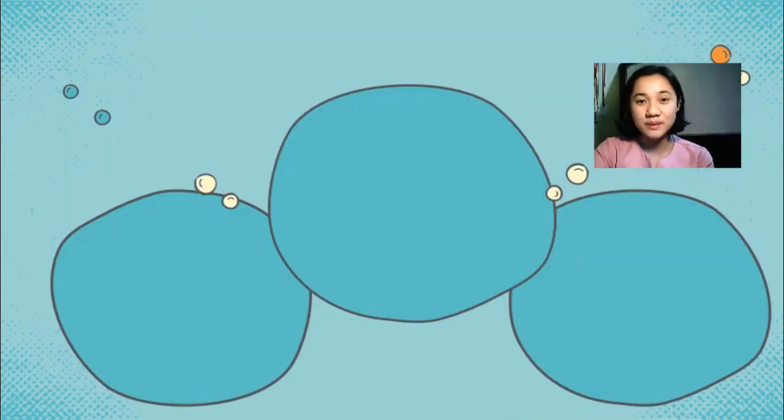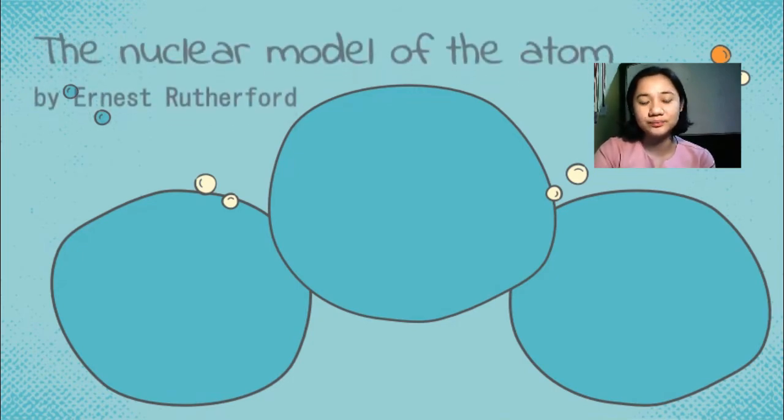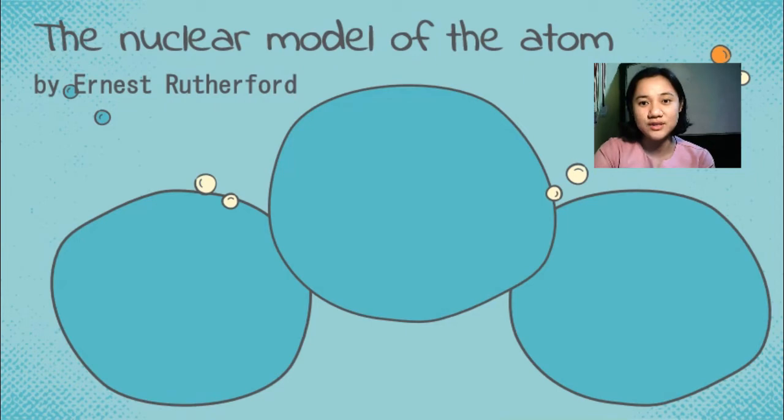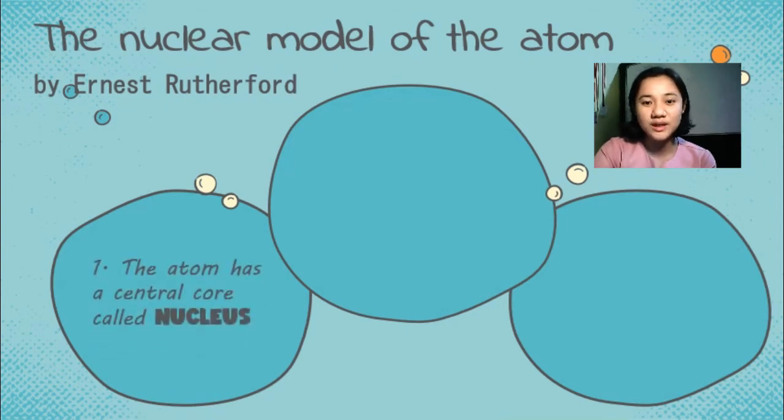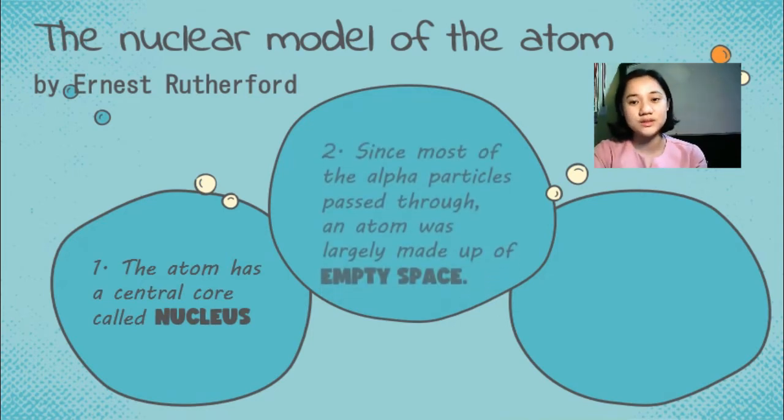Based on his experimental results, Rutherford made the following conclusions about the structure of the atom. This is a summary of his conclusion. First, the atom has a central core called the nucleus. This is where the positively charged particles are located. The central part of the atom is the nucleus.